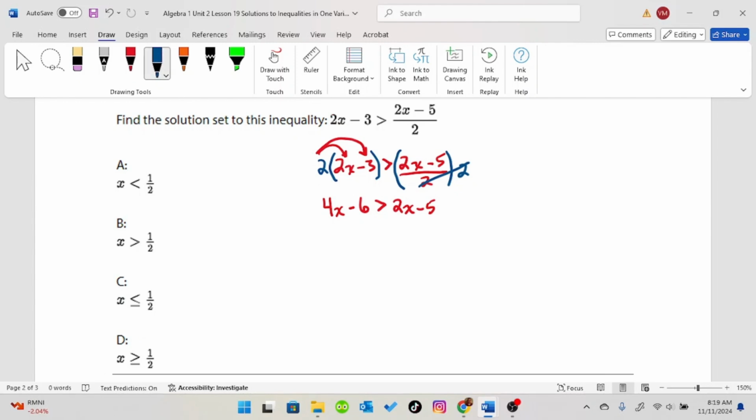Now, in order to maintain a positive x, I'm going to subtract the smallest x from both sides. 4x minus 2x is 2x. 2x minus 2x is 0.